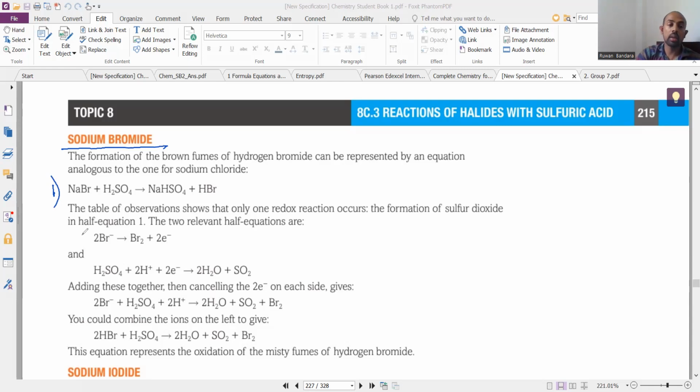Okay, then next point: the produced misty fumes of hydrogen bromide will be oxidized by sulfuric acid.